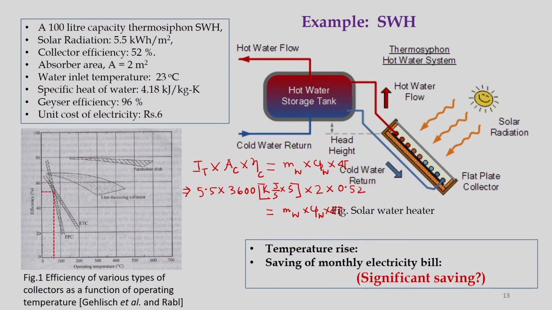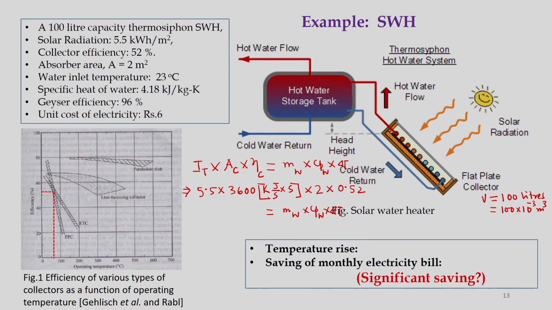So, now how to calculate this MW, because what information is given to you in the problem is volume. Volume of water is given to you as 100 liters, and then we need to convert it to 100 multiplied by 10 to the power of minus 3, which becomes meter cube.